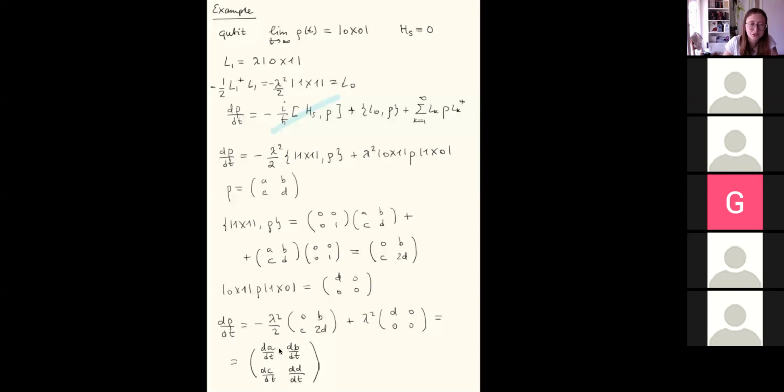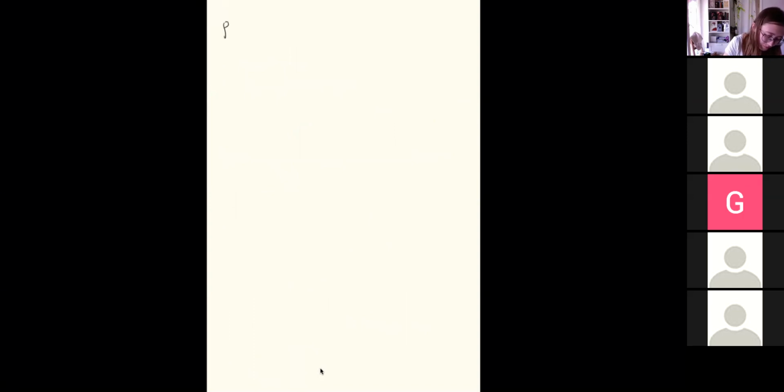For A we can actually just infer from our solution for D, because we know that the trace of the matrix has to always be equal to 1. Then the solution would be rho of t: 1 minus D e to the power minus lambda squared t, B e to the power minus lambda squared t over 2, C e to the power minus lambda squared t over 2, and here we just have D e to the power minus lambda squared t.